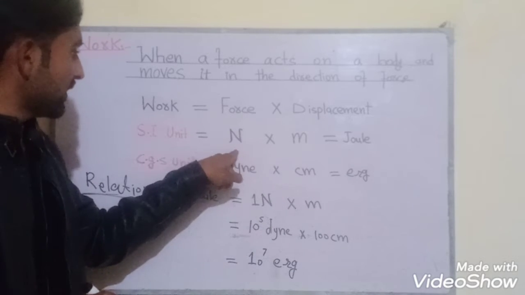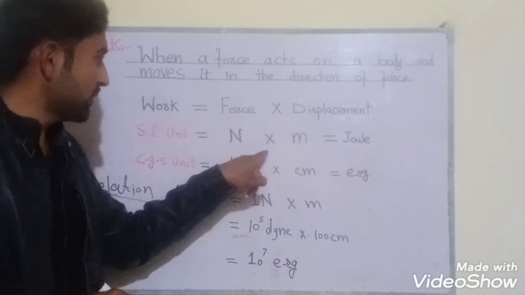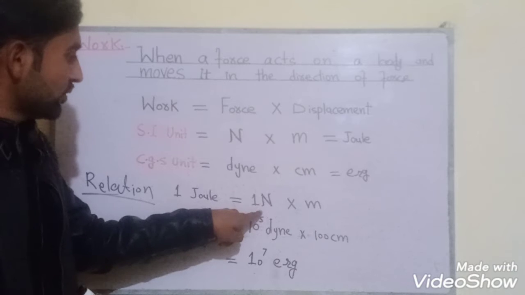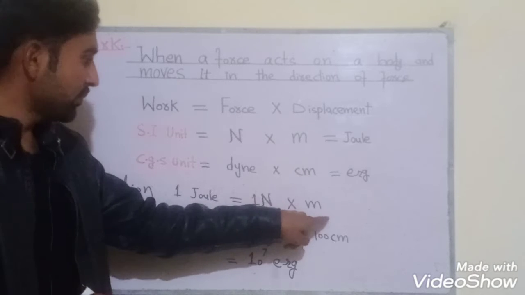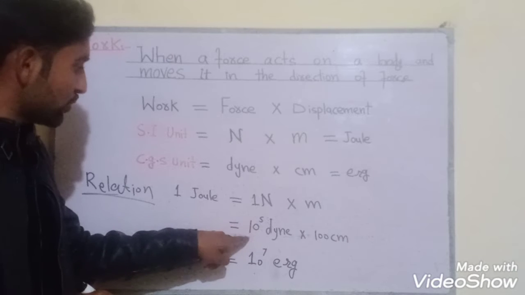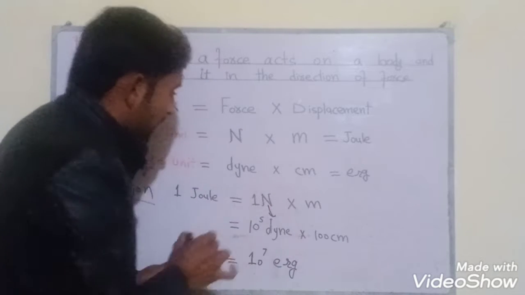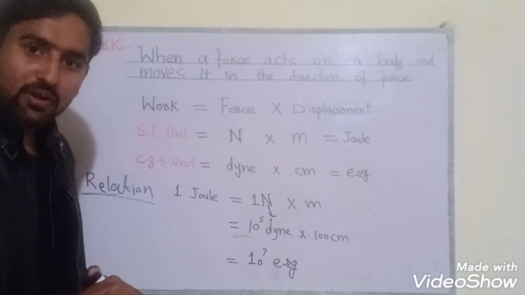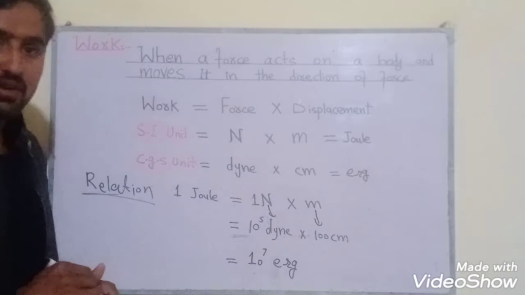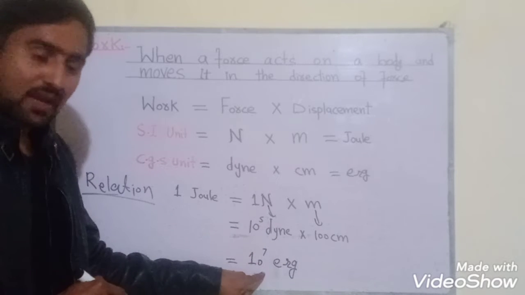We discussed earlier that Newton meter is equal to joule. 1 Newton has the value 10 to the power 5 dyne, and we have to remember that 1 meter has the value 100 centimeter. So 10 to the power 5 times 100 gives 10 to the power 7.